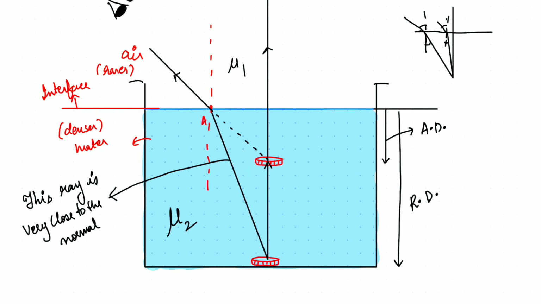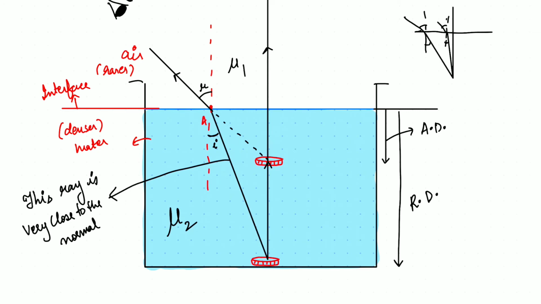Right? Okay, great. Now let me clearly show which is your angle of incidence: this is your angle of incidence and this is your angle of refraction. I hope you guys can understand that, right?